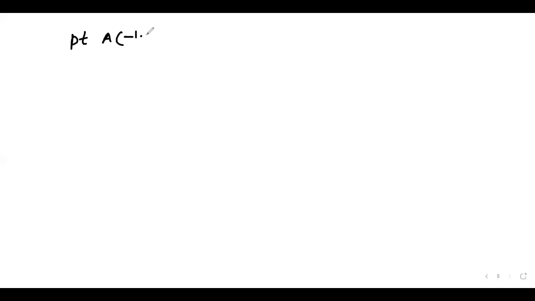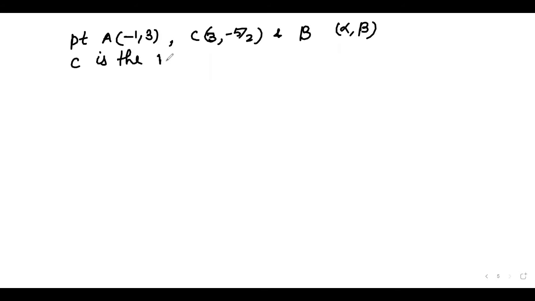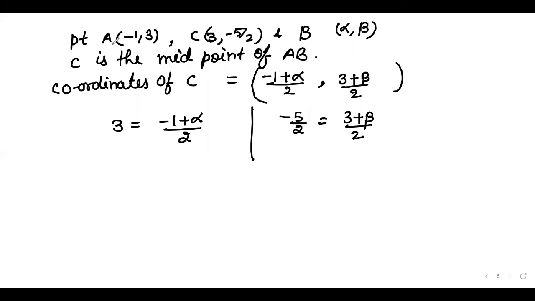Point A is (-1, 3), point C is (3, -5/2) and point B is (alpha, beta). C is the midpoint of AB.